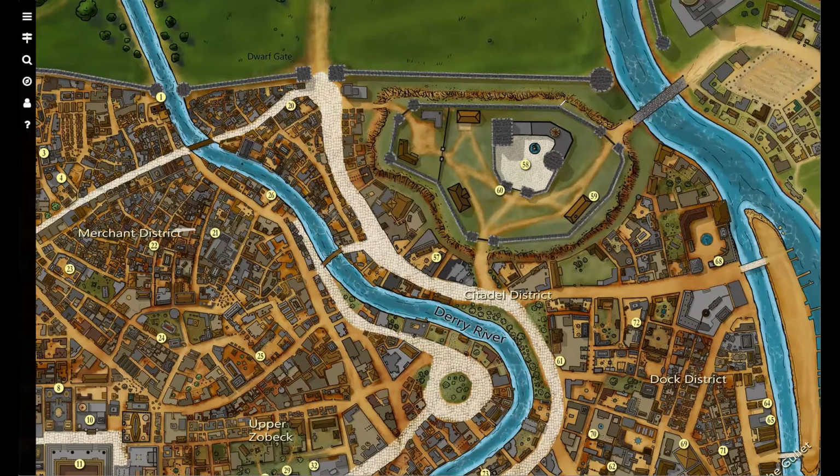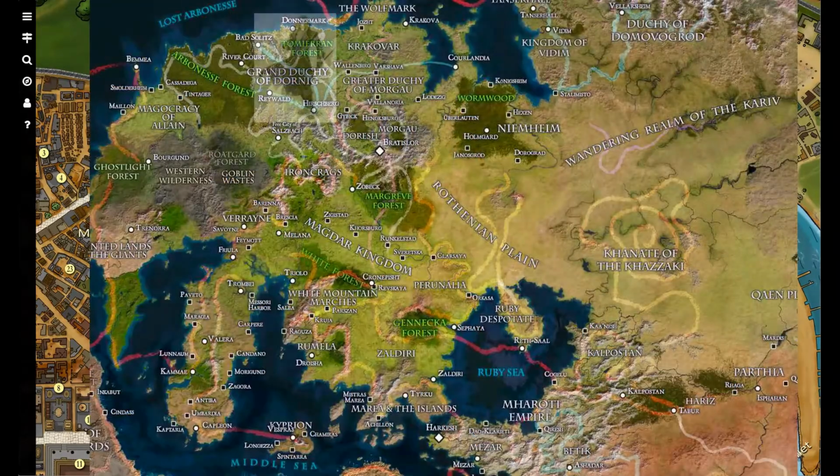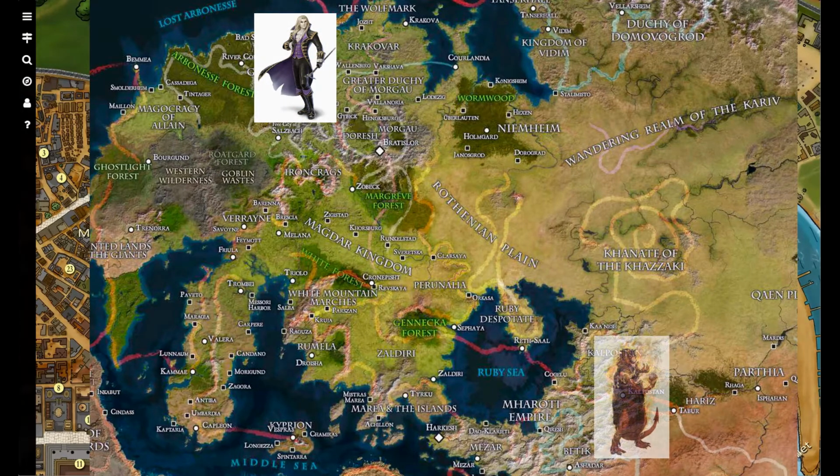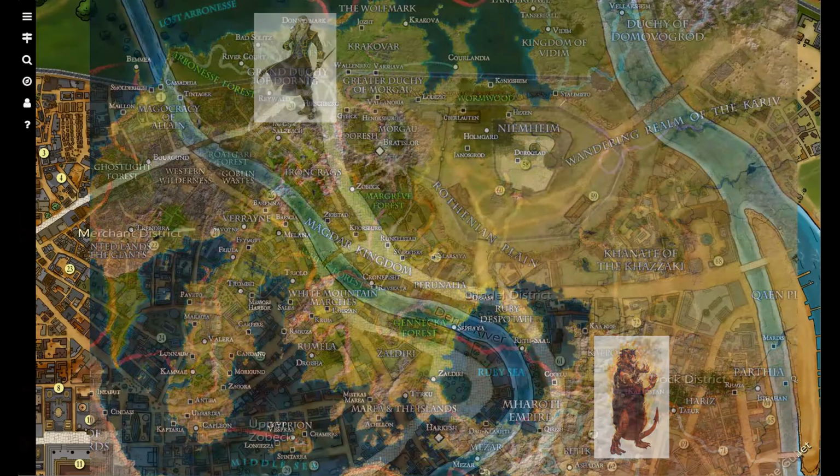And people agree on the problem. The problem is that they disagree whether it's going to be King Lucan from the north and the Duchy of Morgau, or the dragon armies of the Maharati. I don't know. Both of these kingdoms have done hostile takeovers of other kingdoms, and it's just a matter of time before they start moving on to the crossroads, the city of Zobeck.